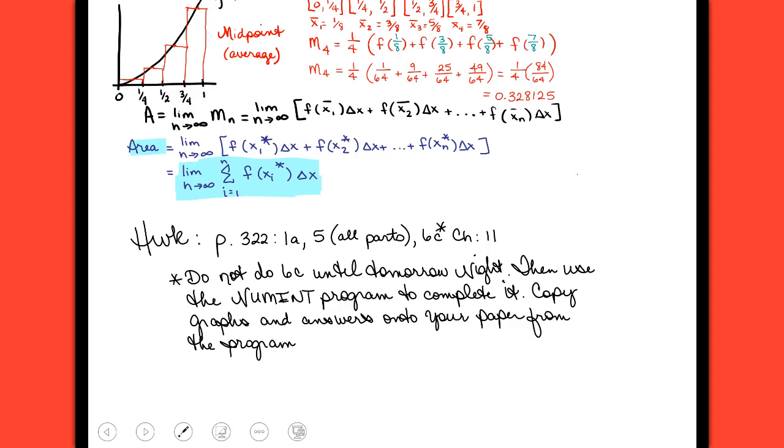In our book, the images were showing us how you could draw out 50 rectangles or 100 rectangles and actually calculate the area from the left endpoint or from the right endpoint. So we're going to get a program that will do that for us as well on our calculator, and we'll be playing around with that in the next part of this lesson. So when you get to 6C, let's hold off on that until we can play around with it on that program.